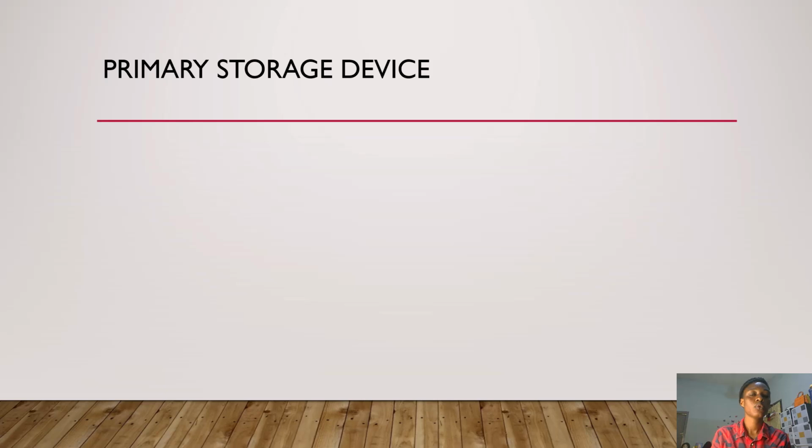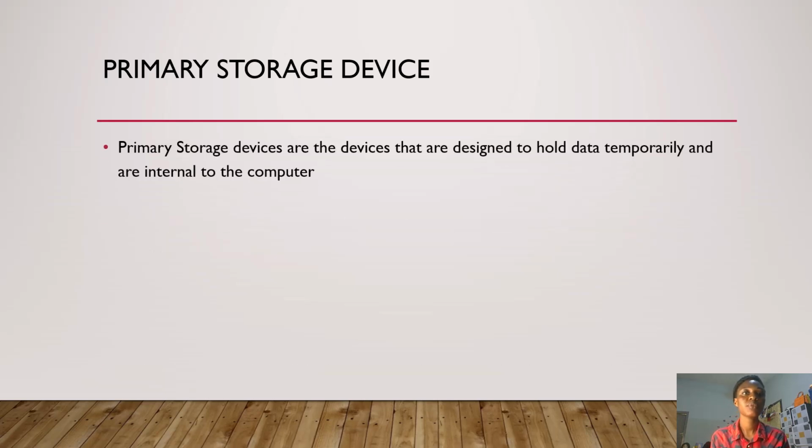So let's first look at the primary storage device. Primary storage devices are designed to hold data temporarily and are internal to the computer. For instance, when information is processed with our machines, they are the internal component of our machine.